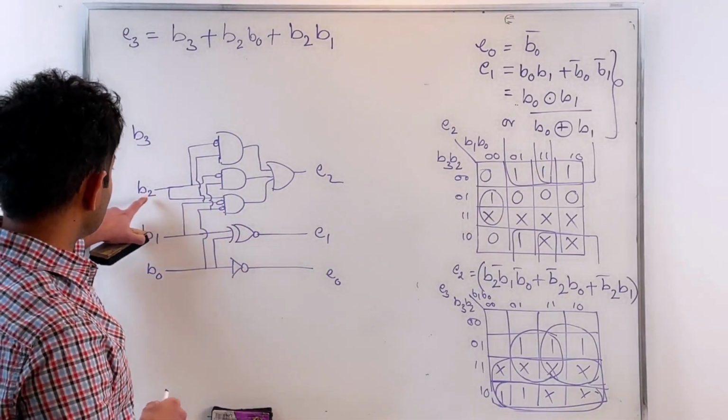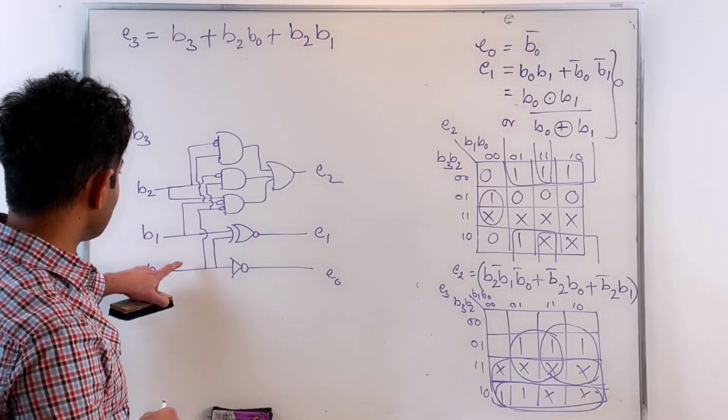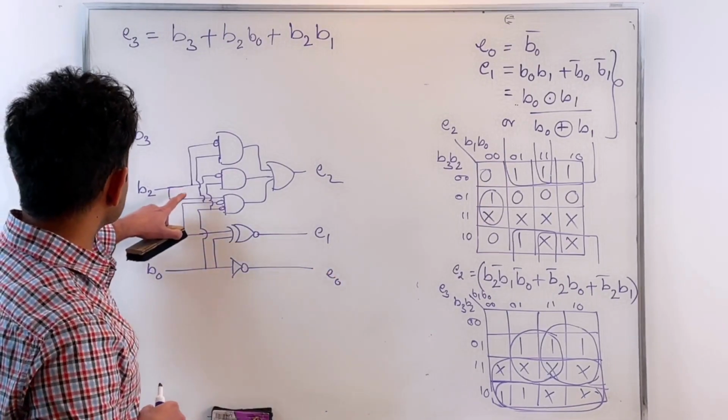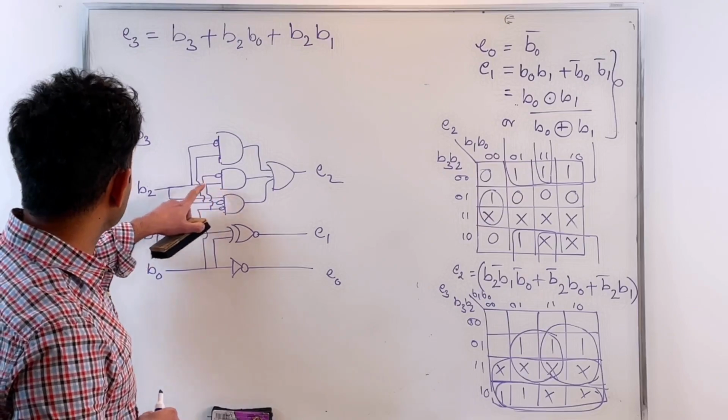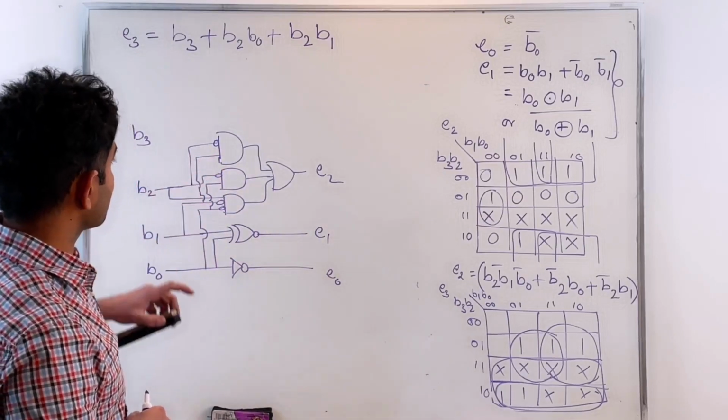So that's B2, B1 prime, B0 prime, plus B2 prime, B0, plus B2 prime, B1, so that's my E2.